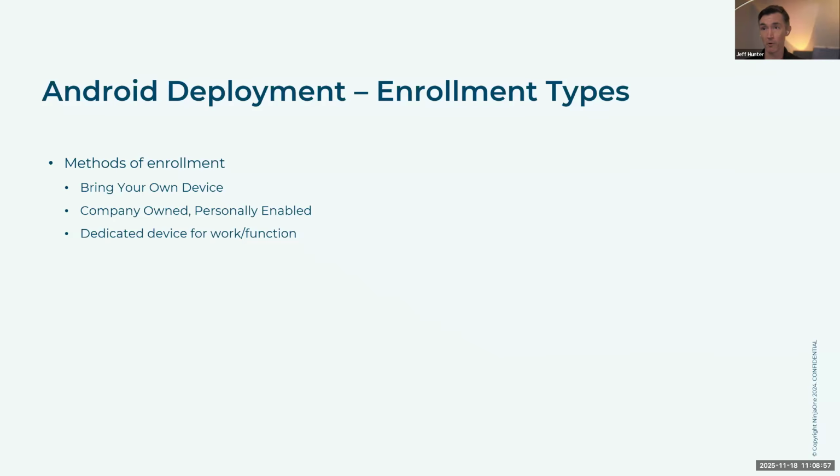And so the second type of enrollment is one that I am myself very familiar with. It's company owned, personally enabled, or COPE. And so what this means is that the device is owned by the company. It belongs to that company, and they have ultimate ownership over the device. However, there is an expectation that that device is going to be used for personal functions in addition to just work functions.